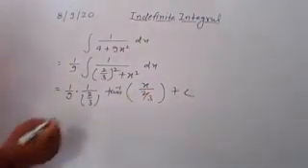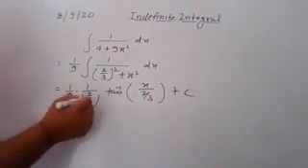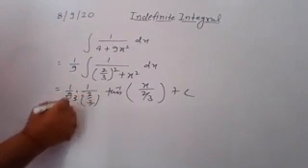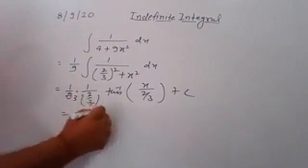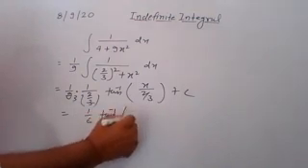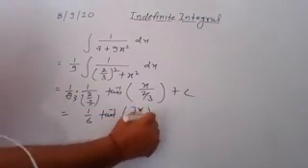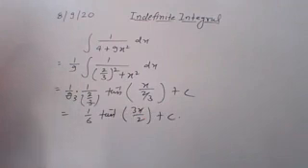Now just simplifying, the terms cancel out, and you have 1 upon 6 tan inverse 3x by 2 plus c as your answer. You only have to use that standard result to get your result.